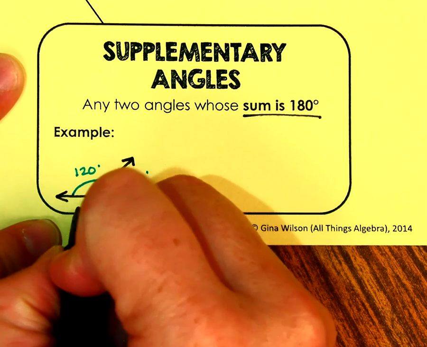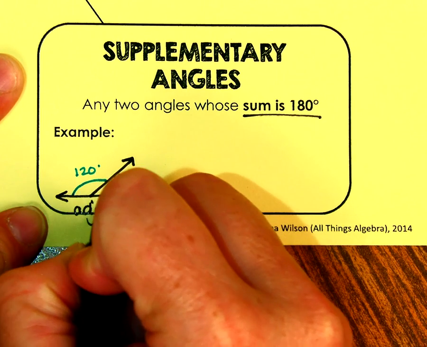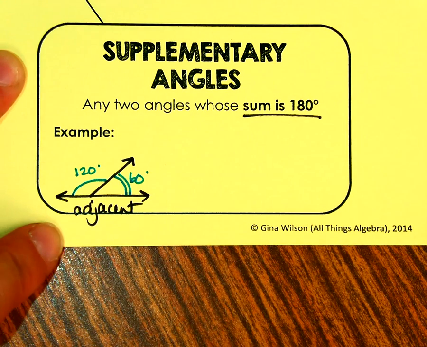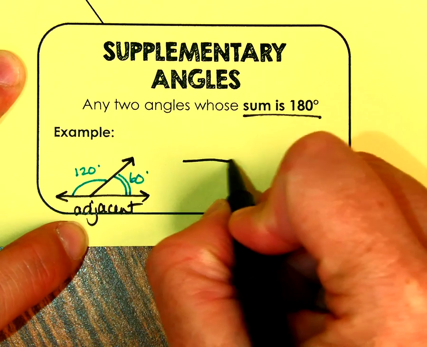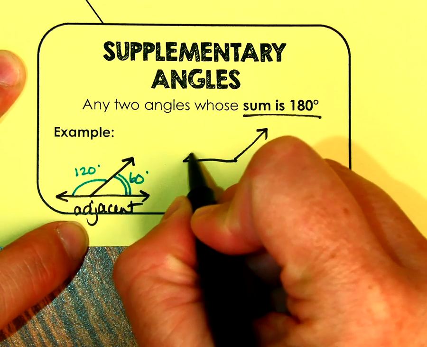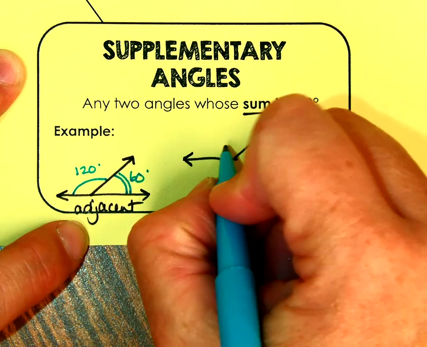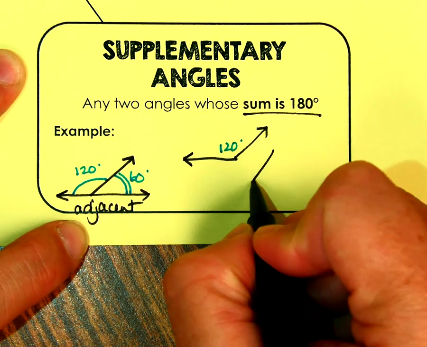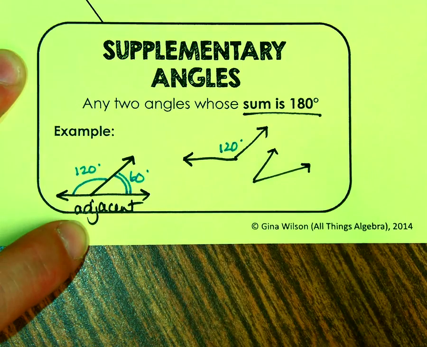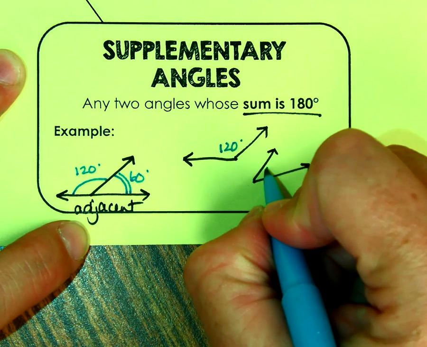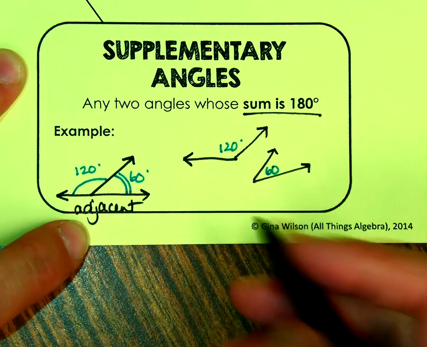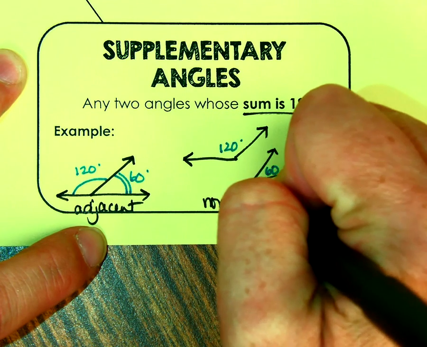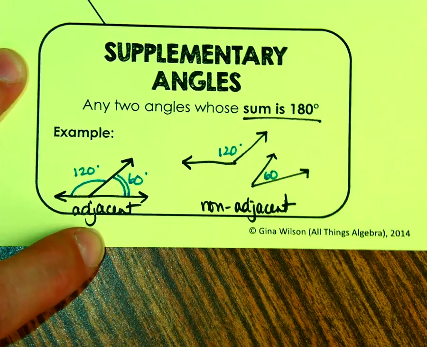So this is an example of adjacent supplementary angles. And just like the last ones, I could split those apart and make this my 120 and then a separate 60. So these are examples of non-adjacent supplementary angles.